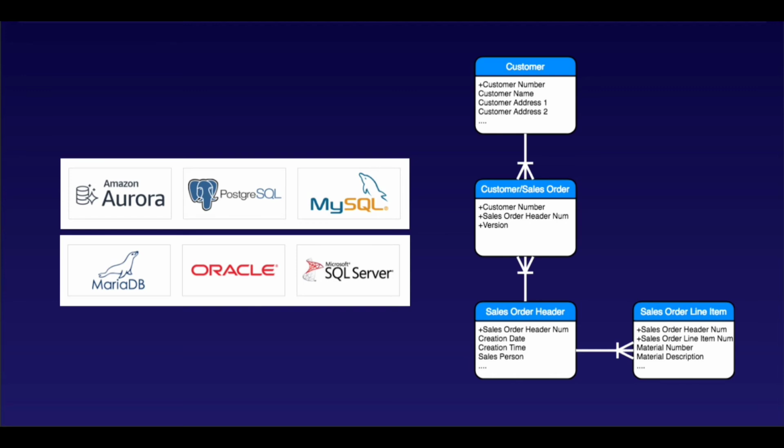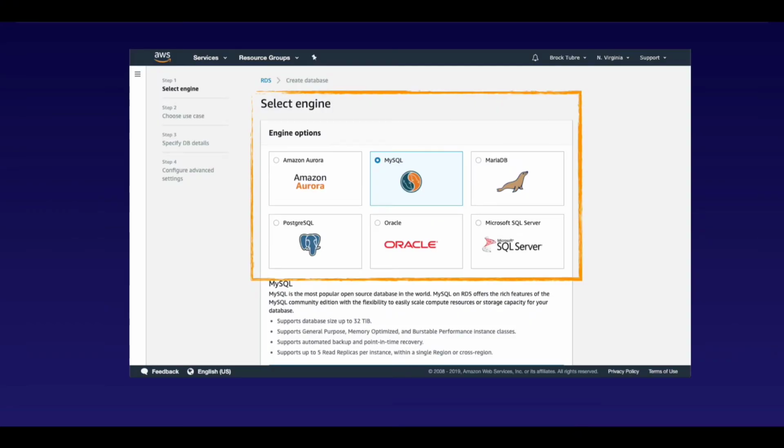As mentioned earlier, relational databases are for application data stores that need transactional style databases. Now, in the console, we can create an RDS instance, choose our engine type, set all the parameters, and then create a relational database right in the AWS console.